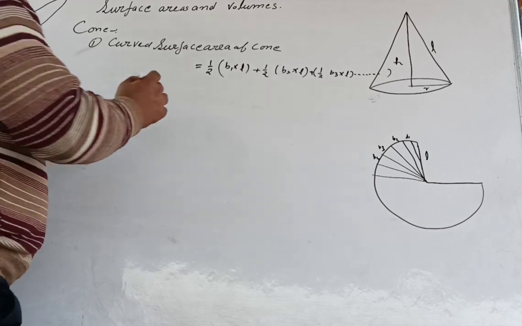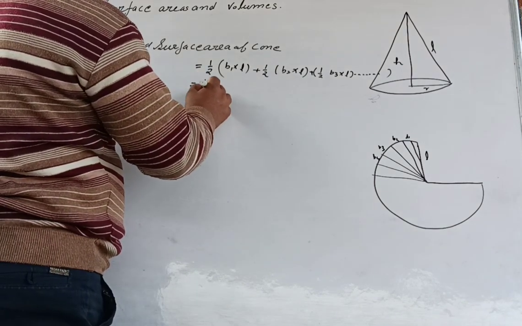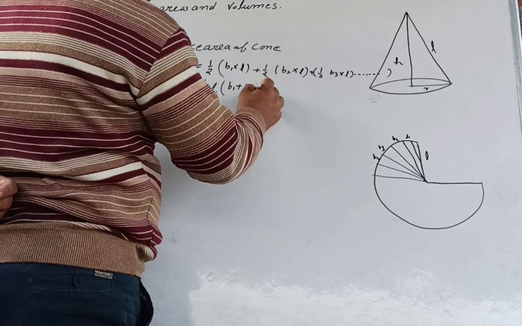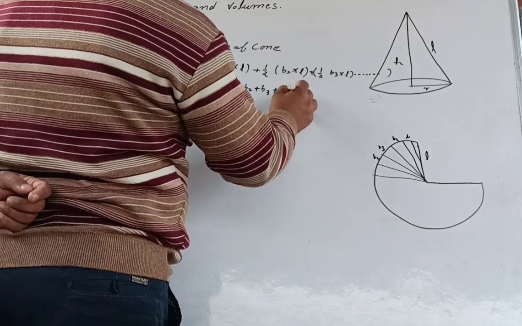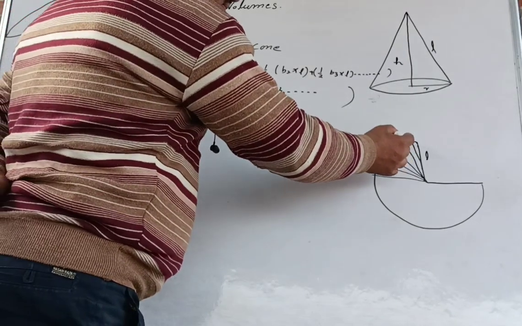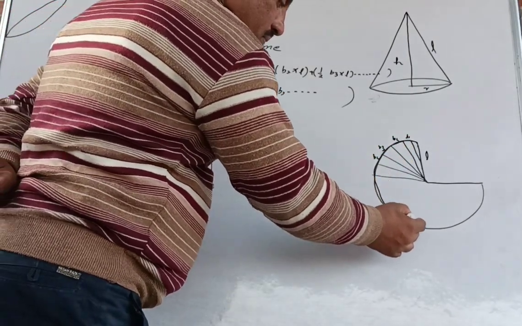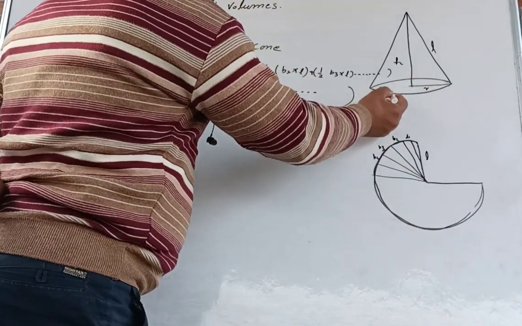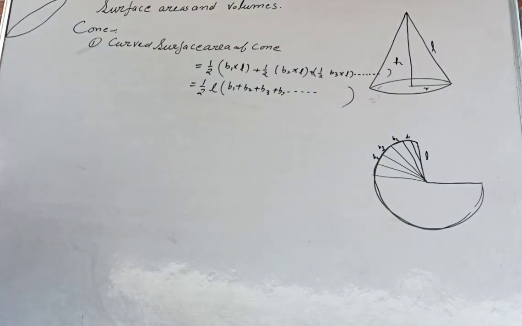When you take 1 upon 2 L common, this is equal to B1 plus B2 plus B3 plus B4 and so on. This distance is equal to this part, from here to here, and this distance represents the circumference of the base.